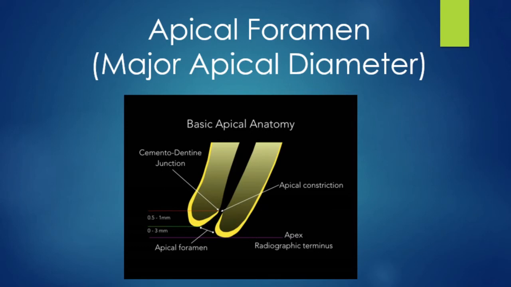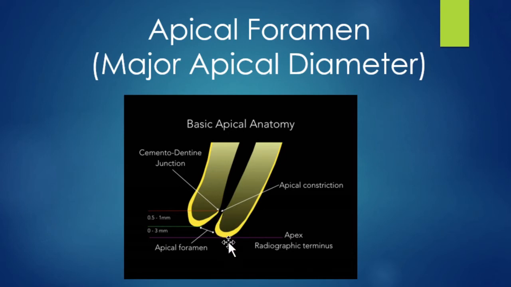Alright, now the third apical landmark, the apical foramen or the major apical diameter, is the part of the tooth that differentiates the terminal of the cemental canal from the exterior surface of the tooth. It has a funnel shape, and it's not necessarily at the center of the root apex.